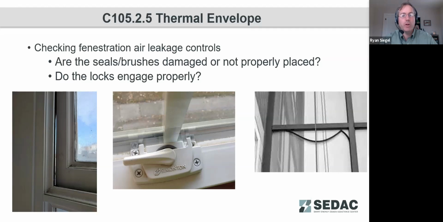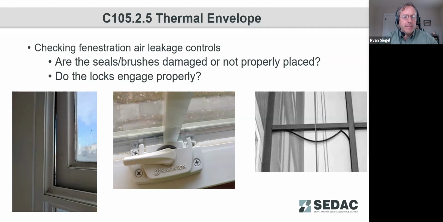And again, it's not uncommon that the window air leakage rating is relying on those window locks to engage and pull the window together. We also see that window gaskets and window seals may not have been installed fully.